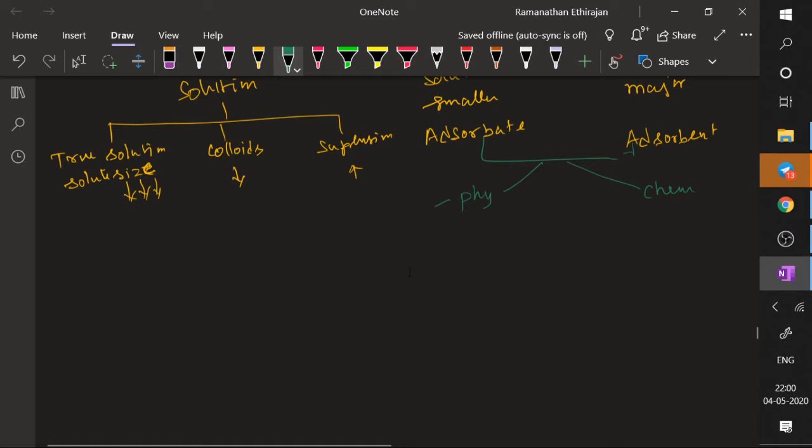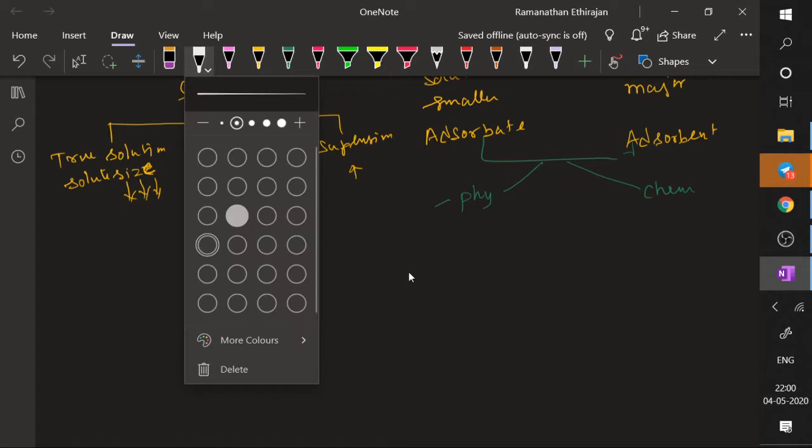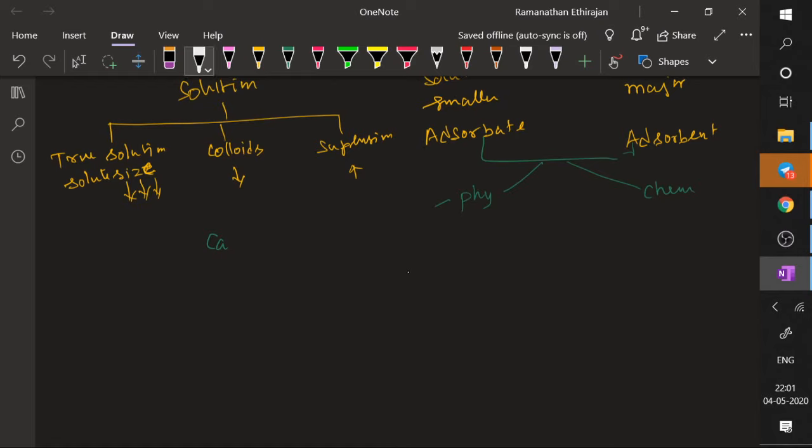Now, catalysis, I was explaining about catalysis. Catalysis is a very important topic to be studied. Lysis means cleavage of a chemical bond.